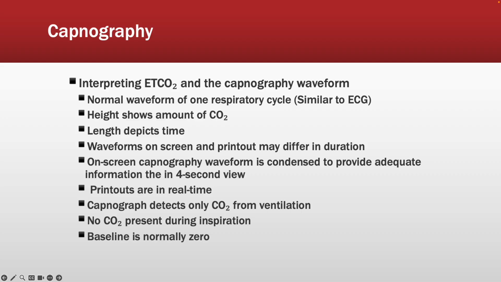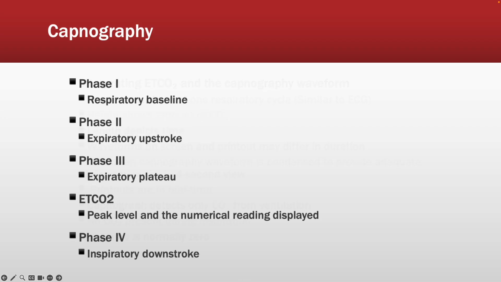Capnography detects only CO2 from ventilation. So if it's present, that's where it's coming from. No CO2 is present during inspiration, so baseline is normally 0. Phase 1 is your respiratory baseline.